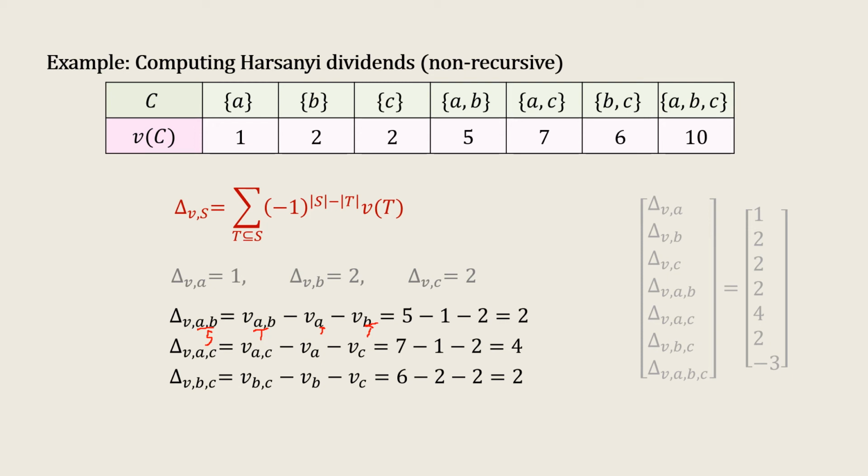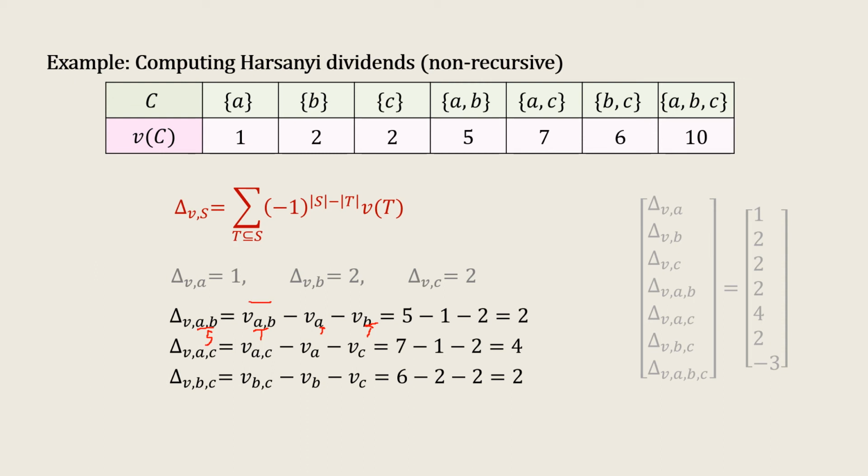When T equals S, we have negative 1 to the size difference, which is 0, times V of T, which is V of S itself. So delta AB equals, this is my first term, V of AB.